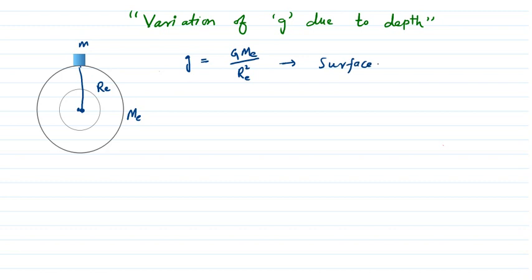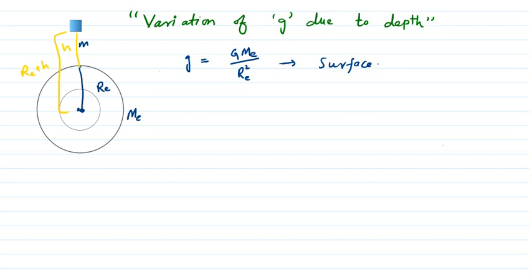Okay, now if we displace this object to some height, for example over here, the situation is a little bit different because we are at some height, and we call it, let's say, h. Now the total distance is Re plus h.